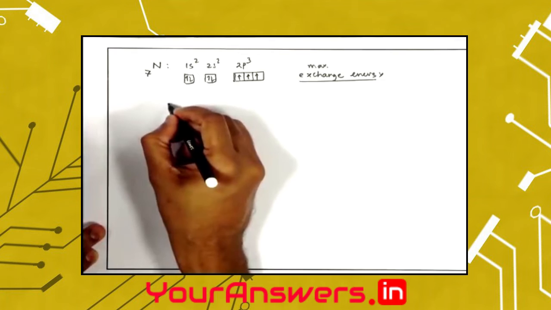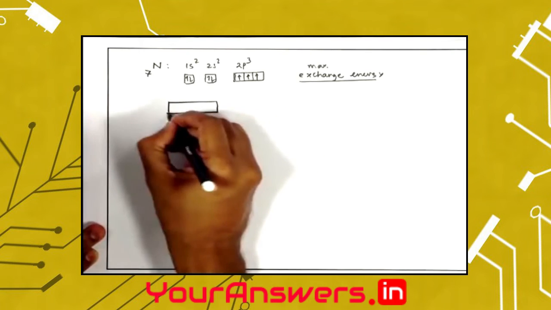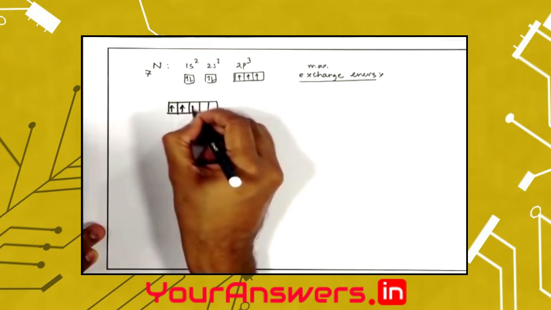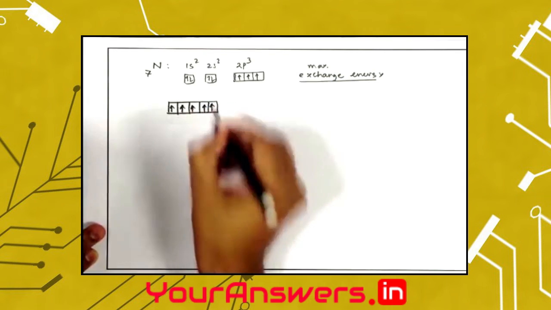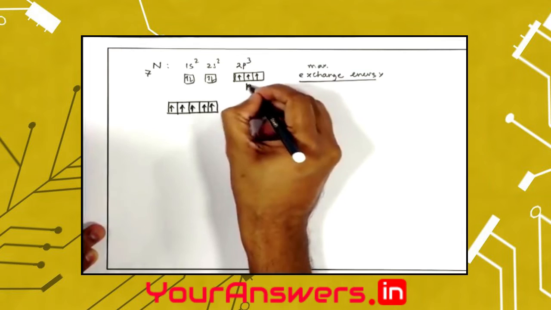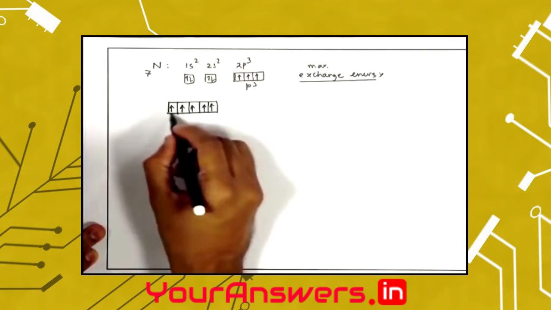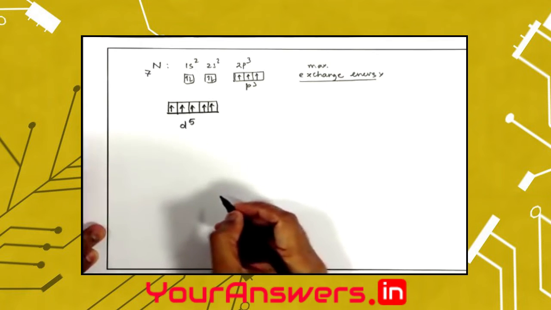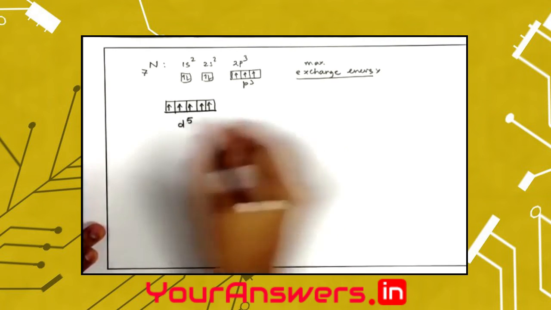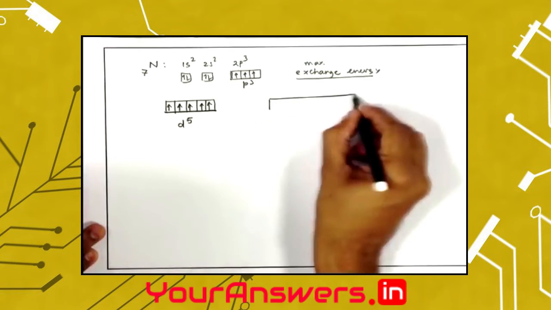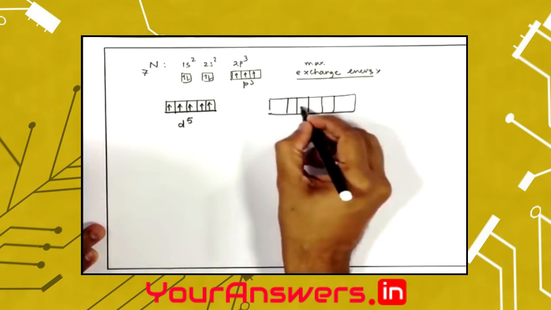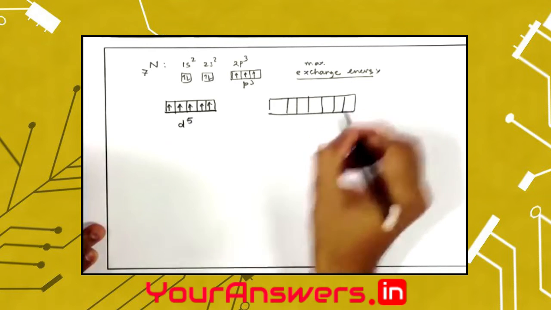Similarly, a d orbital has 5 compartments. If there are 5 electrons in d orbitals, let us call it d5 configuration, this will also be very stable because of this exchange energy. Similarly, an f orbital has 7 compartments: 1, 2, 3, 4, 5, 6, 7.